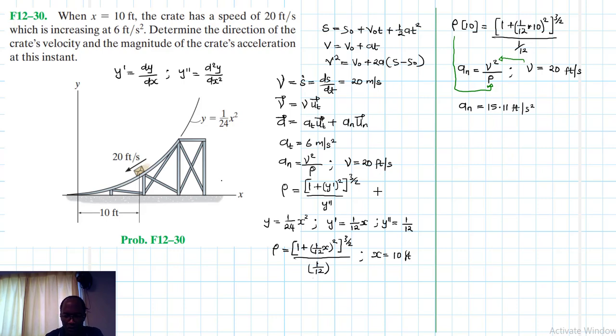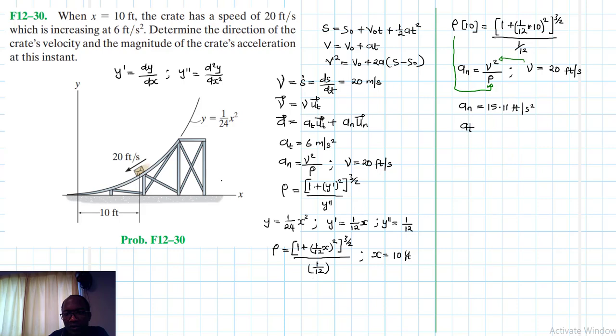It's 10 divided by 12, then squared, then plus 1, then to the power 3 divided by 2, divided by 1 divided by 12. And 20 squared divided by answer. Right, so there we are. So we have this one.